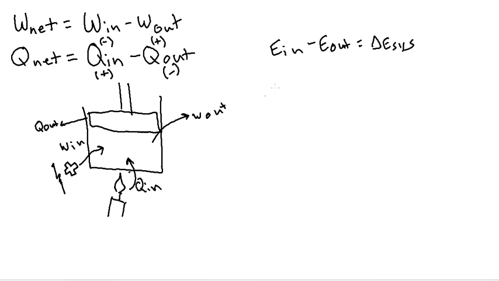Let's assume the delta E is 0. So that equals the W in plus the Q in minus the W out minus the Q out.